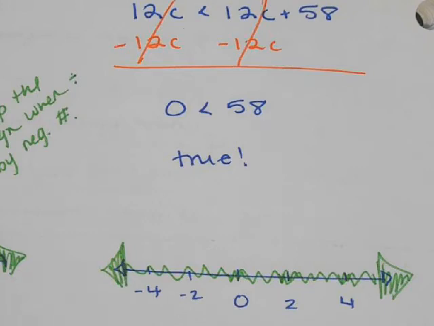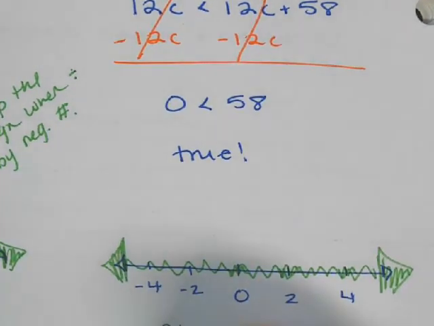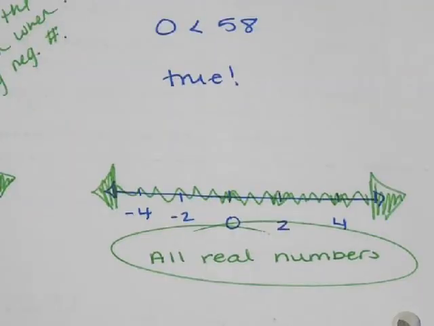And this goes back to 1.1. What do we call the numbers that we've been talking about this year, or that you guys have been talking about your entire life? Real numbers. Yeah. So our solution here is all real numbers. Anything on this number line is a solution.